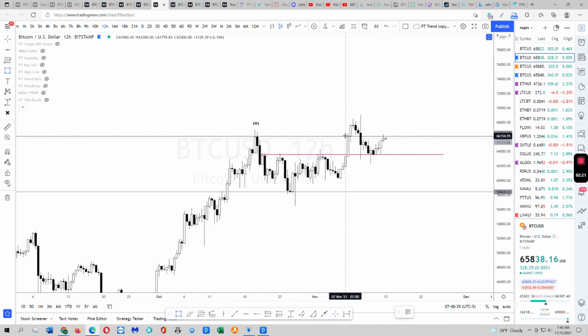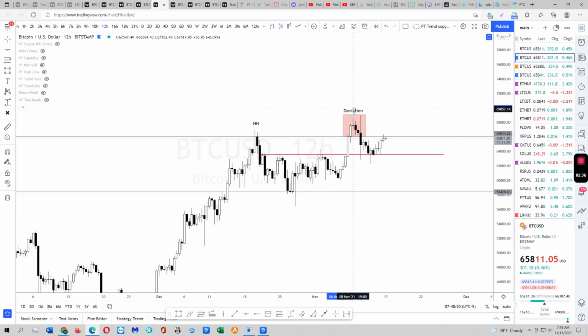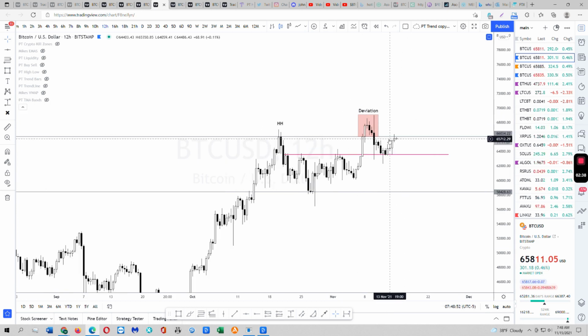This is still your trapped longs, no matter how we paint it. Longs are trapped here. You deviated. I'm just going to call it deviation. It's a lot easier. People don't get confused. That's still your deviation. And now we're up against that resistance again.